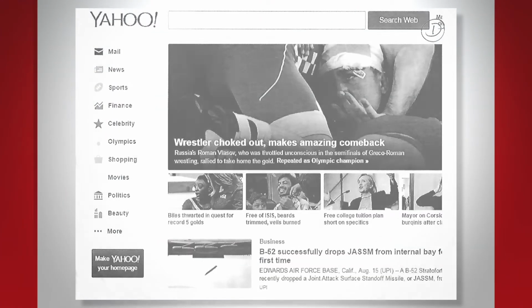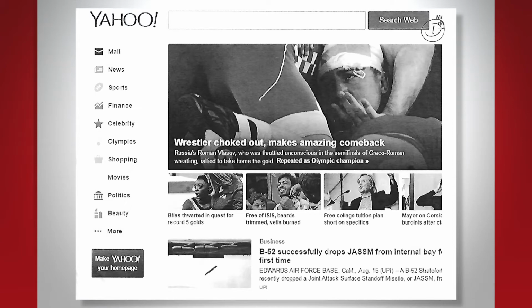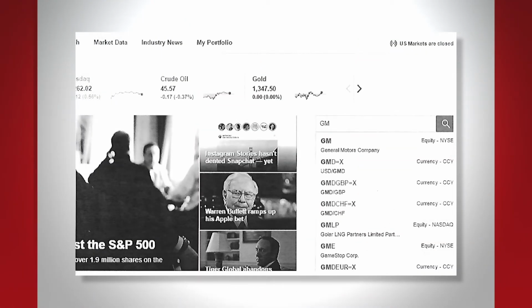So, yahoo.com. I gave the view of the front page, I think it was two lessons ago. So, introduction to that. When you click on the finance part of Yahoo, you will then go to the finance homepage, which is second down the line.